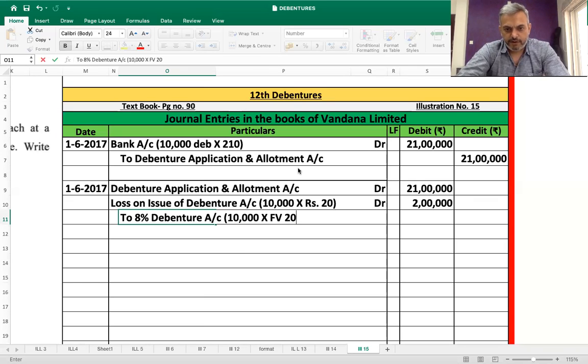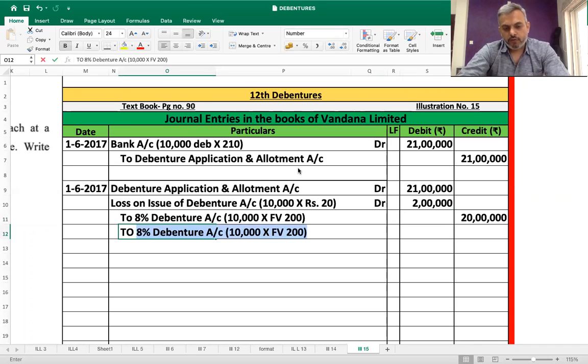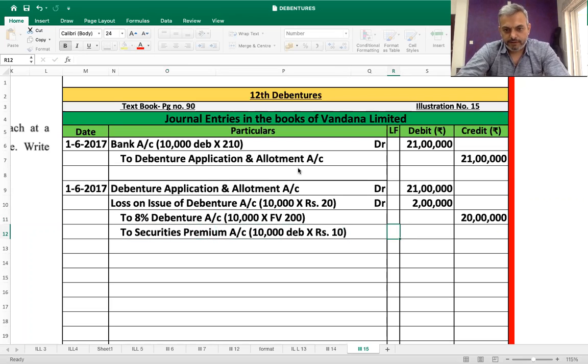All right, face value 200, 20 lakh. Now here debentures were issued at a premium. So to securities premium account, 10,000 debentures into premium of rupees 10, 5%, so 1 lakh.